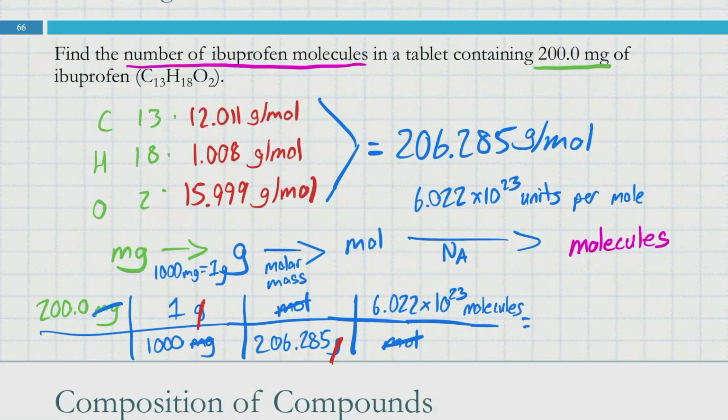And our moles cancel. So 200 divided by 1,000, also divided by 206.285 times Avogadro's number. We get big number times 10 to the 20 molecules. Questions?